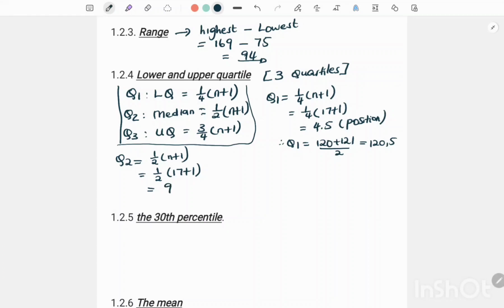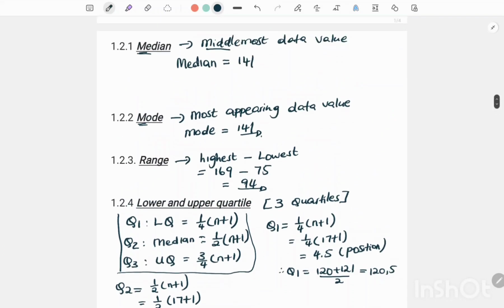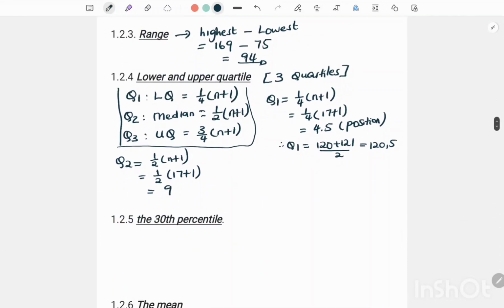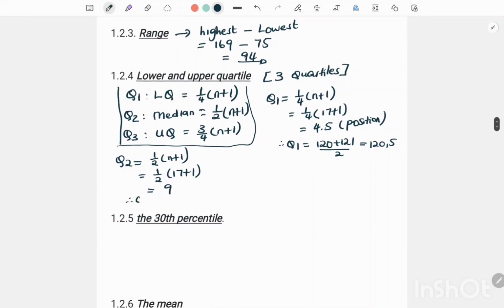So it gives you a whole number. You go straight to position number 9. 1, 2, 3, 4, 5, 6, 7, 8, 9. Do you see something? 141 is our median, our Q2. Therefore, Q2 is equal to 141.